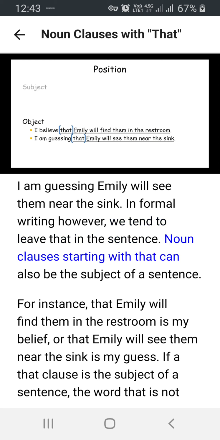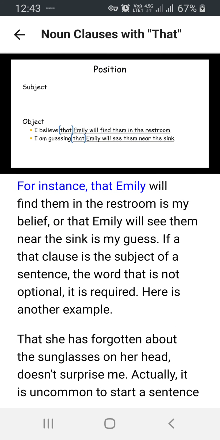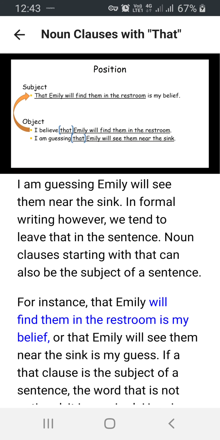Noun clauses starting with that can also be the subject of a sentence. For instance, that Emily will find them in the restroom is my belief.